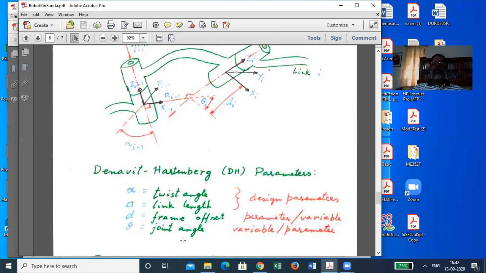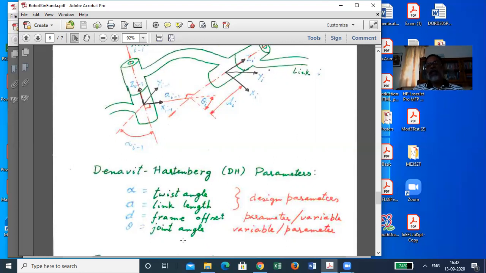Now make note that in 3D motion, rotation and translation, commutativity does not exist in general. But if the rotation is about an axis and the translation is also along the same axis, then whichever way you give those motions, whether you first translate and then rotate or do the other way around, it doesn't matter.